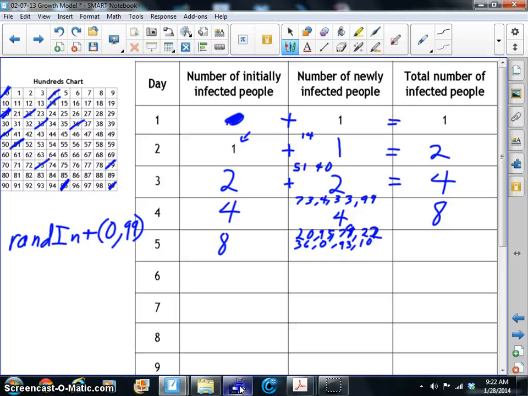We don't take off 0 again because 0 is already infected. 93 and then 10. So what that means is we have not 8 people who got infected, but 7.